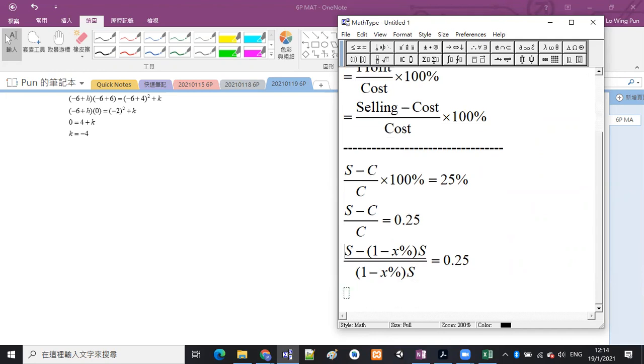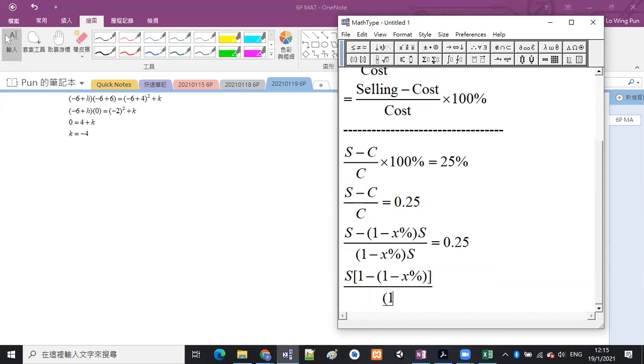On the top we have S terms, which share a common factor, so we take it out: S times (1 − (1 − X%)), and the bottom is (1 − X%) times S equals 0.25. Remember to do a little at each step, one thing per step.